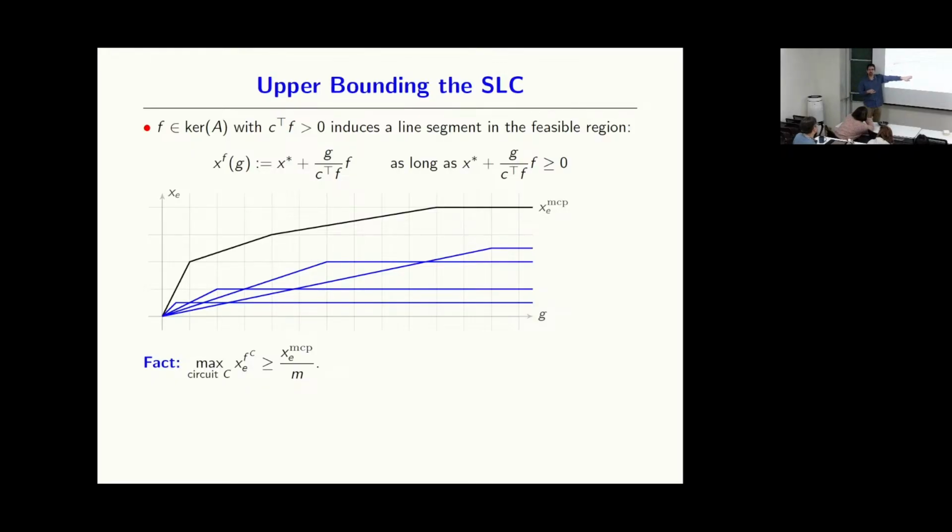This is actually not too far away from the top. The gap here is only going to be, in the worst case, 1 over m. All right? So it suffices to look at these types of directions, because I'm only looking for a pretty coarse approximation anyway.